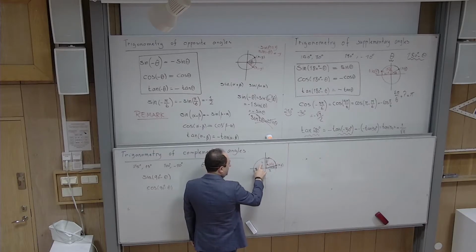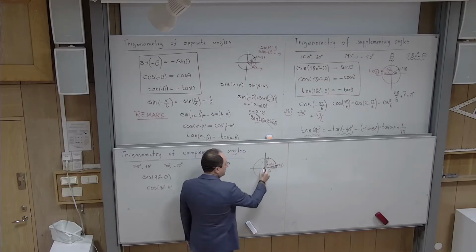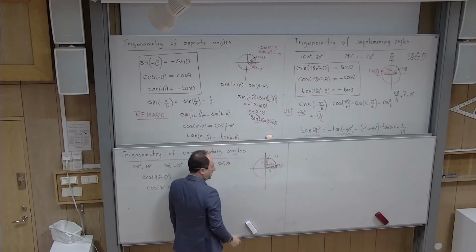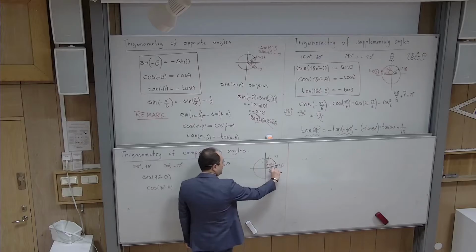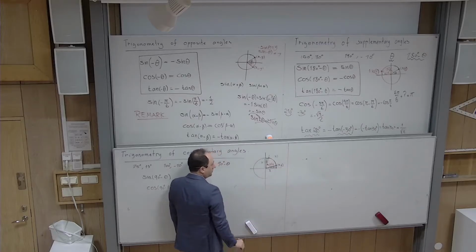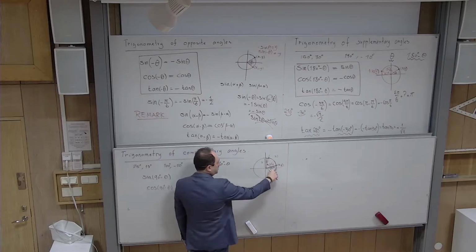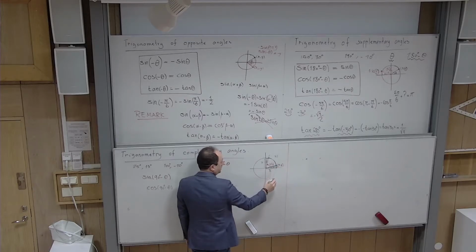Whatever this number is, this will play the role of the y-coordinate of the red dot, yes? So this I will take and put as the y-coordinate. Do you see? Because it is on the y-axis. And the same thing here. This small length that you see here will be equal to this small length here. But if I ask you what is this small length, you would say this is the y-coordinate of this. So from here to here is y.